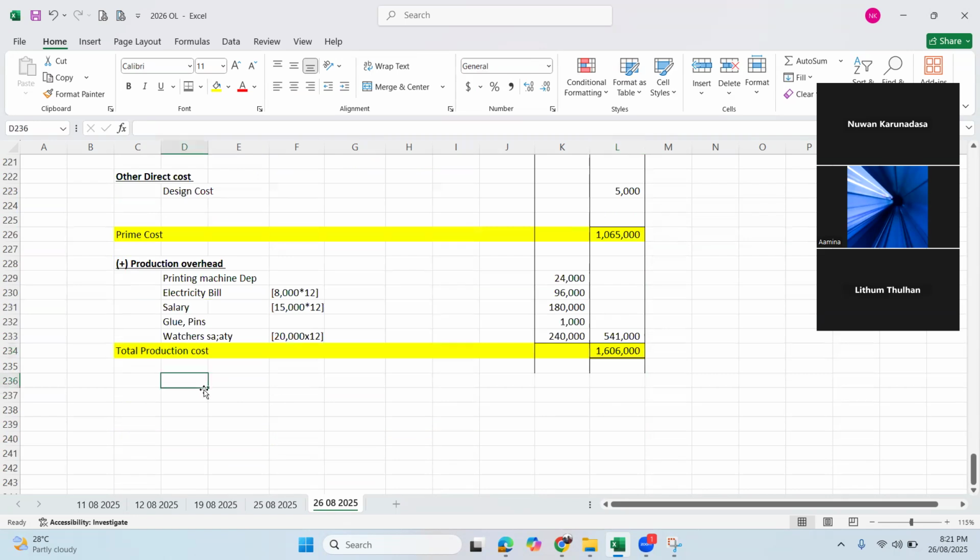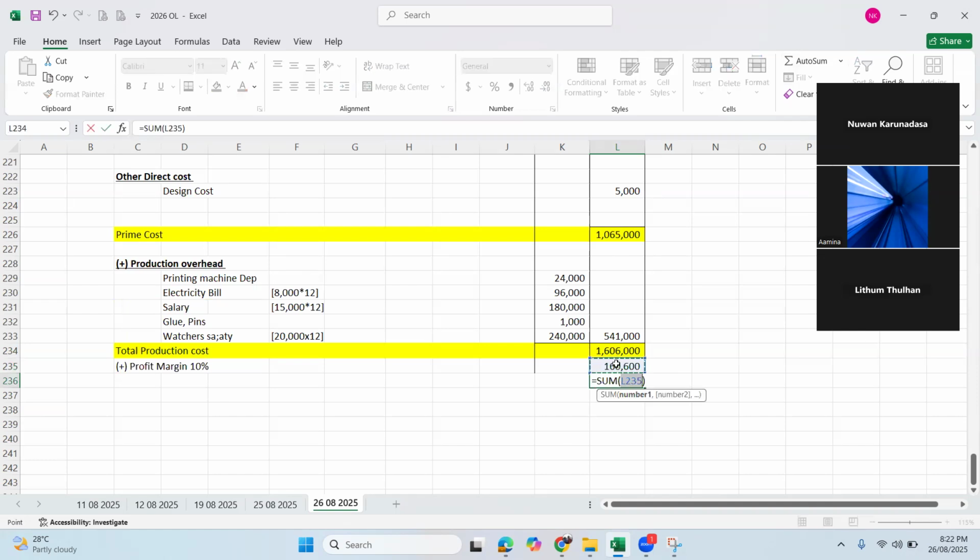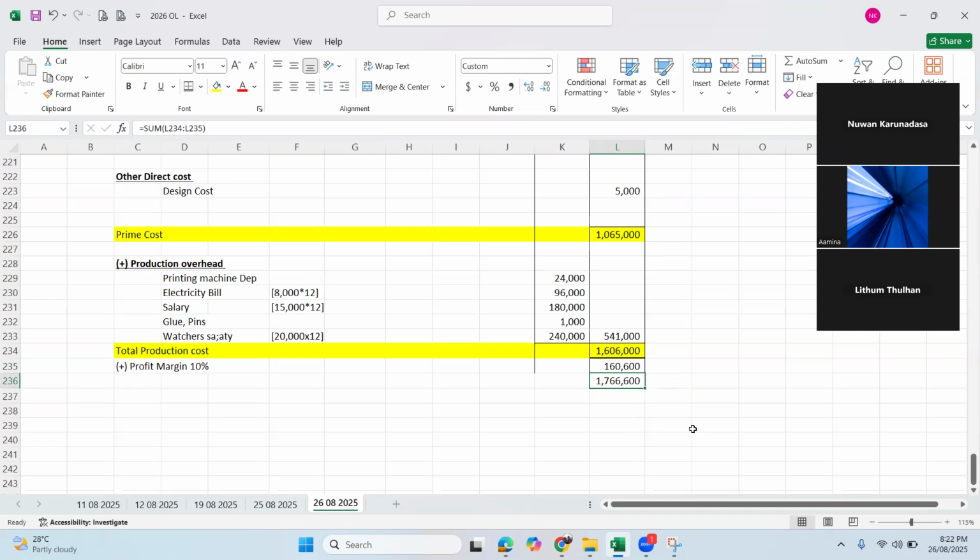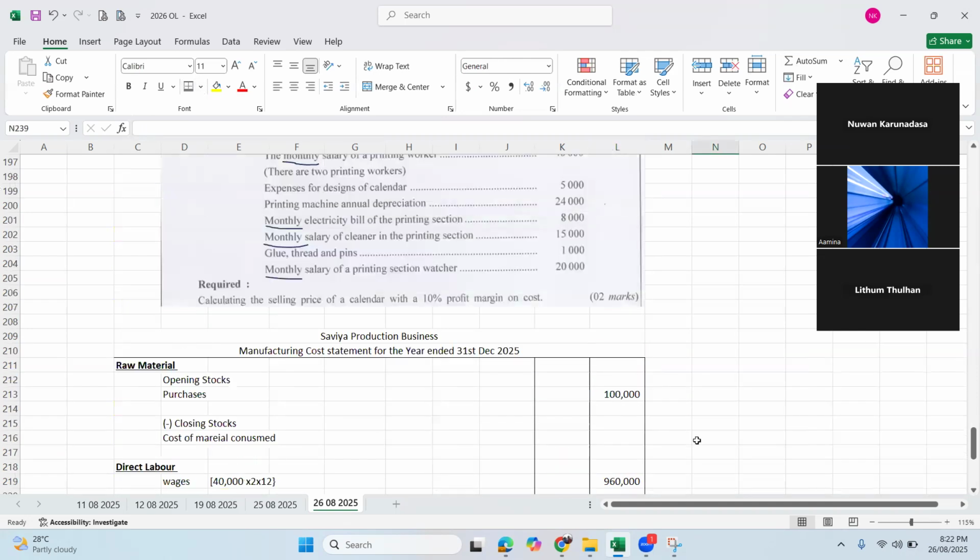You have to add profit here, plus profit margin, 10%. Then the total value is this much.